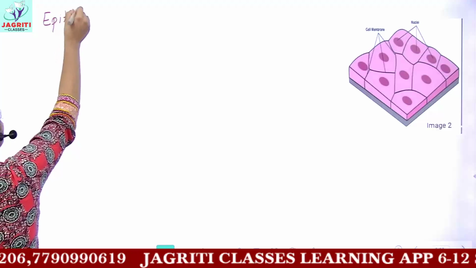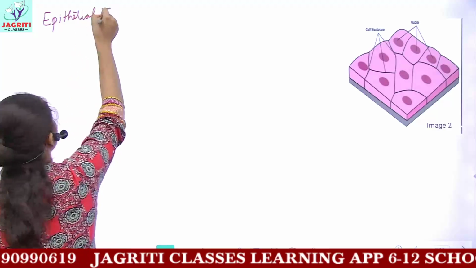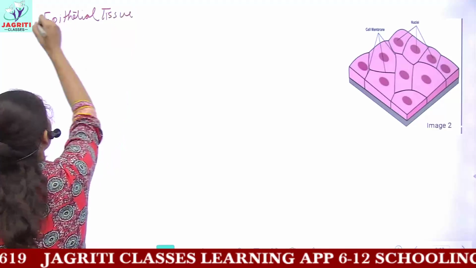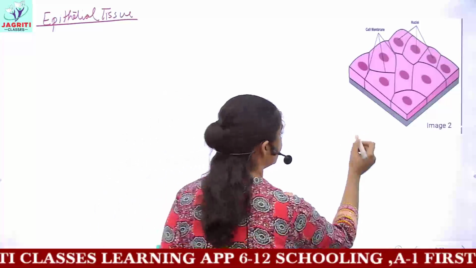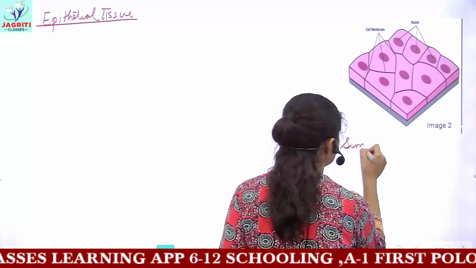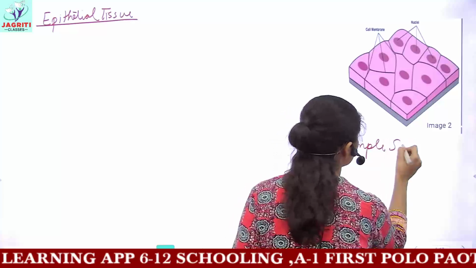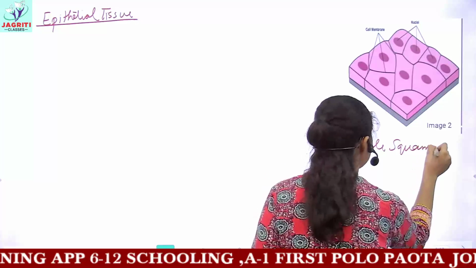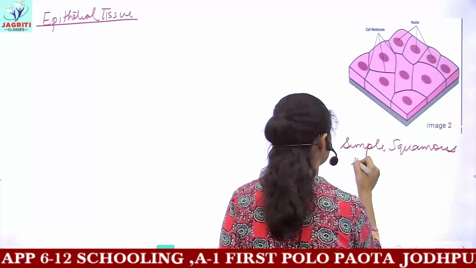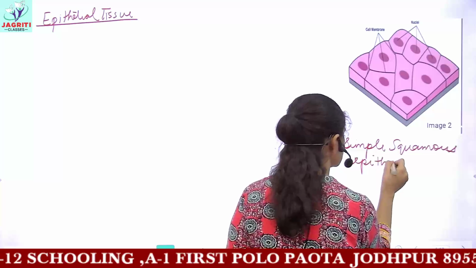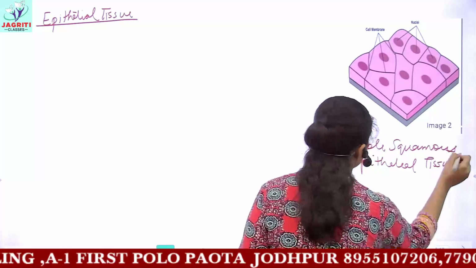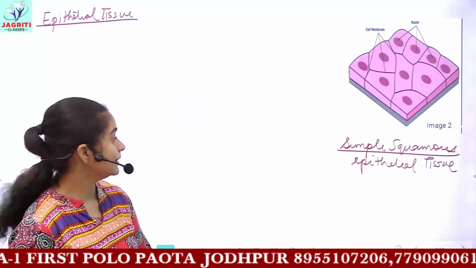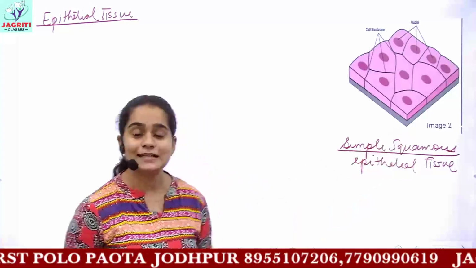We are starting with the first category of animal tissue, epithelial tissue, and the diagram shown here is your simple squamous epithelial tissue.